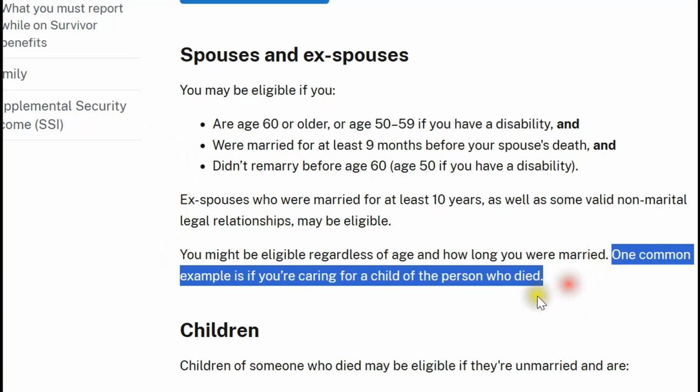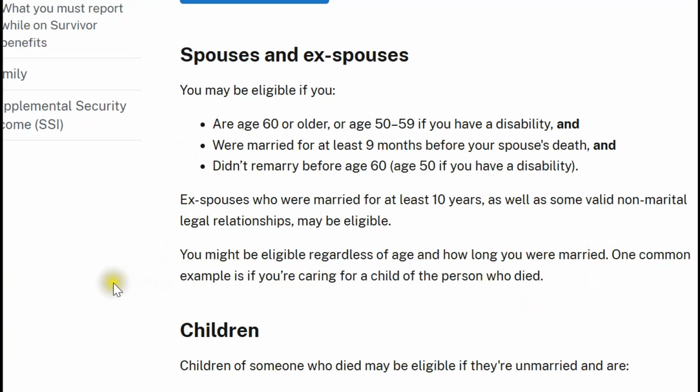For ex-spouses, a divorced spouse may be able to get a survivor benefit if the marriage lasted at least 10 years and the same age and remarriage criteria apply. As always, there are numerous exceptions, and remember that claiming early typically reduces your benefit. Plus, there are other factors that can reduce your benefit, family maximum, and other stuff.